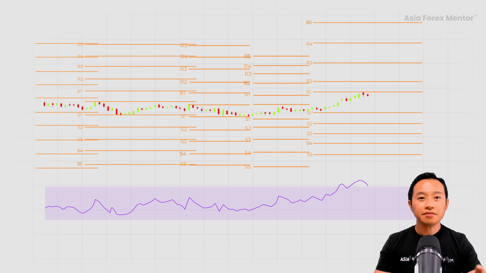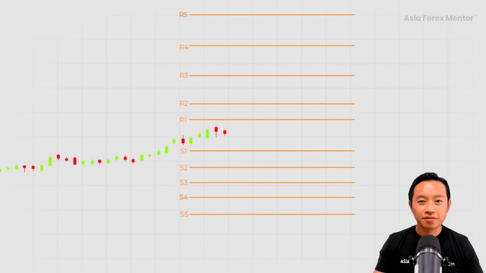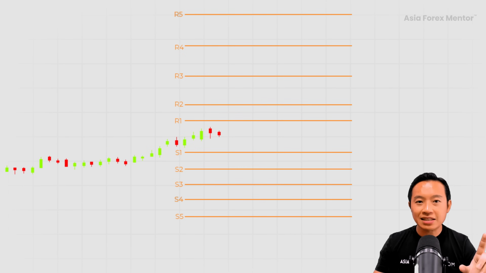So in fact, I can remove all the earlier lines to make it clearer. There you go. All the previous lines are now gone. So what you see are the current pivot points for today's bar, based on the prices of the previous day.